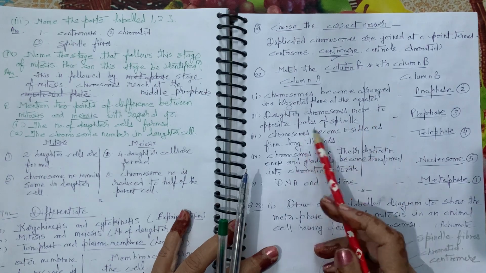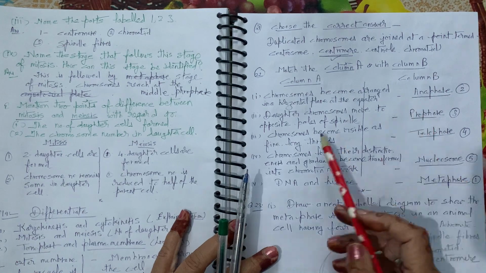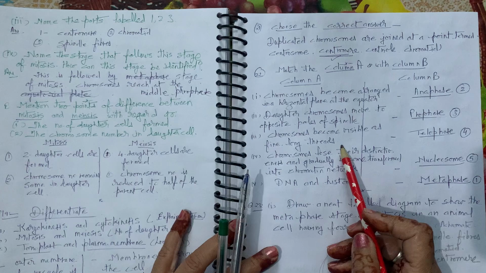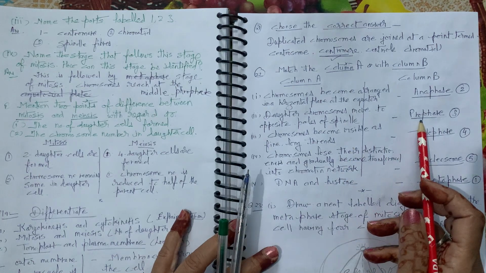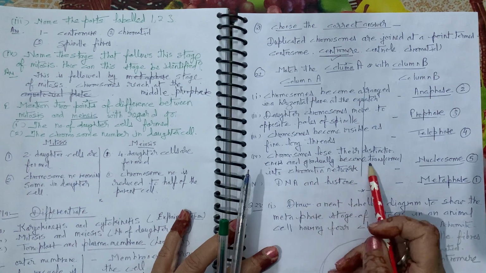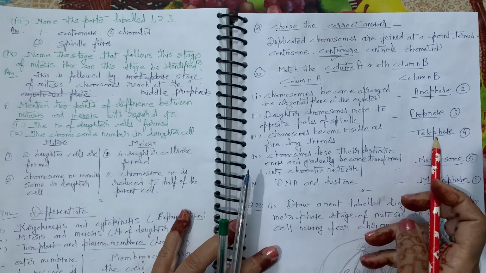Daughter chromosomes move to opposite poles of the spindle, that is in anaphase. Chromosomes become visible as fine long threads, that is in prophase. Chromosomes lose their distinctiveness and gradually become transformed into a chromatin network, that is in telophase.